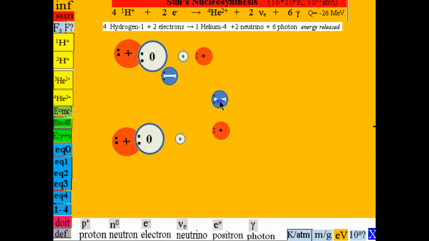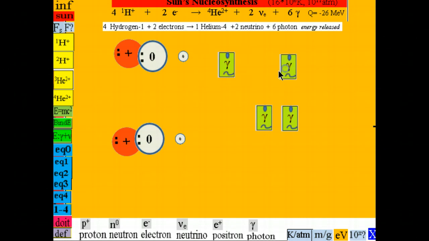Then one of the positrons and one of the electrons annihilate each other, and this annihilation leads to two photons, which has no mass but energy. The same thing happens with the other pair of positron and electron. We get another two.